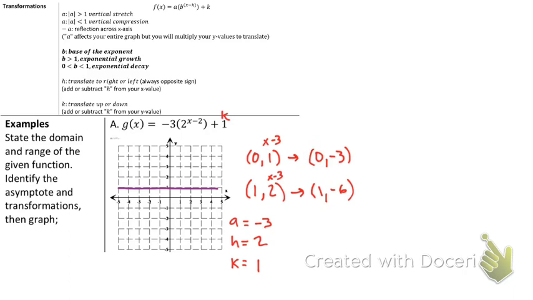So my h is going to add 2, because it's +2. And my k value is going to add or subtract to my y value, which is these guys here. So my k value is +1. Okay, and just do this math, and this will give you your final points that we will plot.